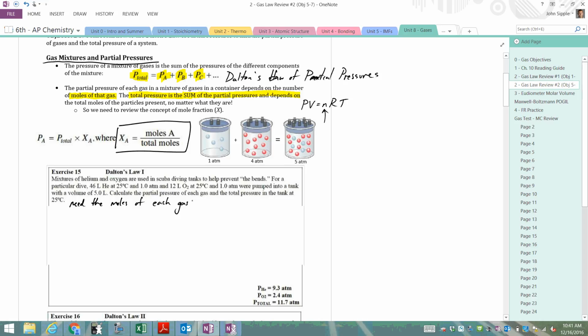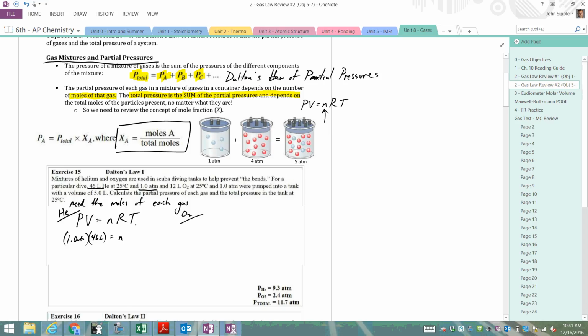Notice all the information they give us: a volume, a temperature, and a pressure. The only thing we don't know is the moles. PV equals nRT, and we have all the pieces to plug in to solve for moles. We're going to run two problems, one for helium and one for oxygen. For helium, the pressure is one atmosphere, the volume is 46 liters, and we don't know the moles.